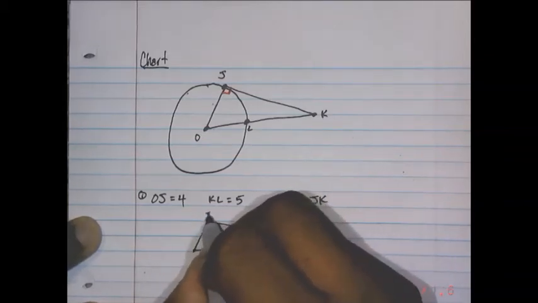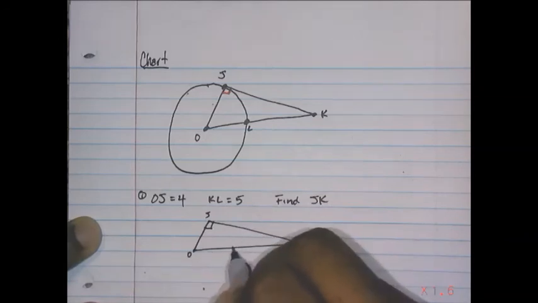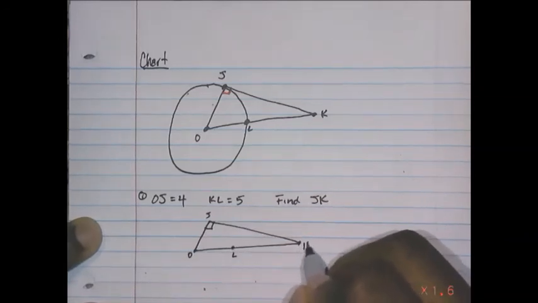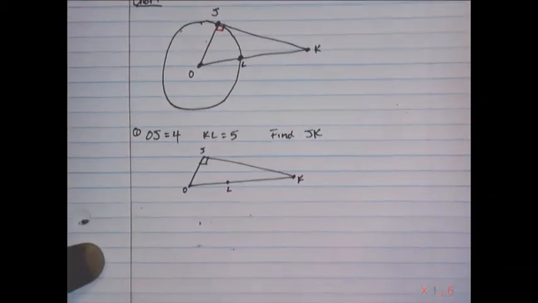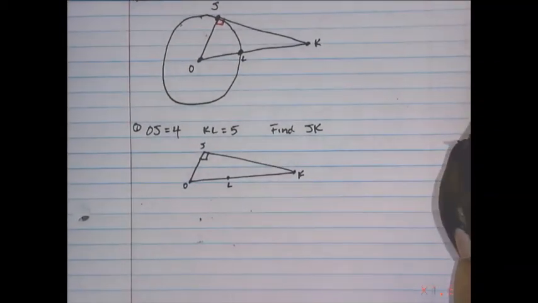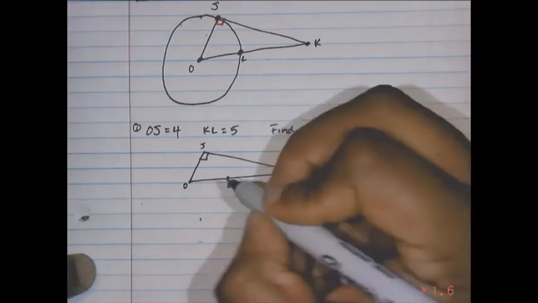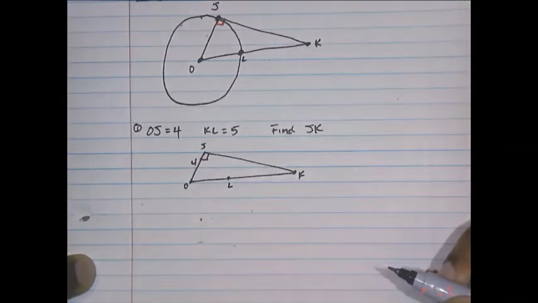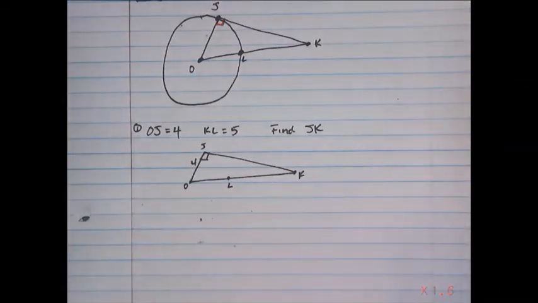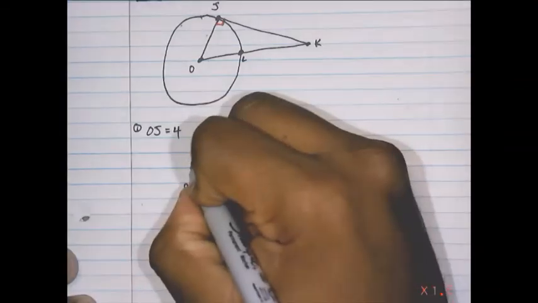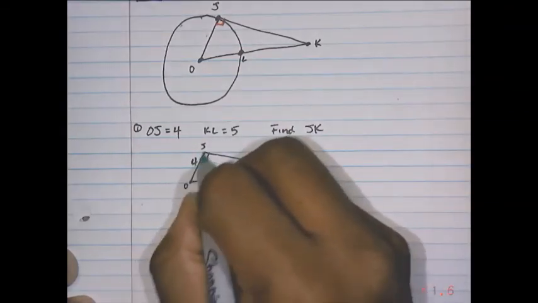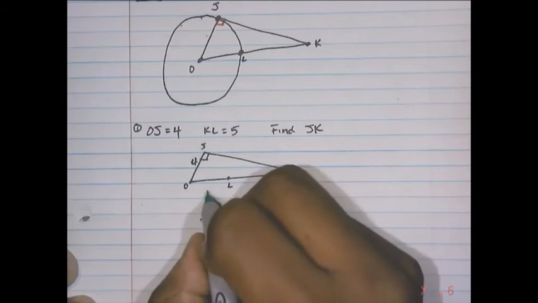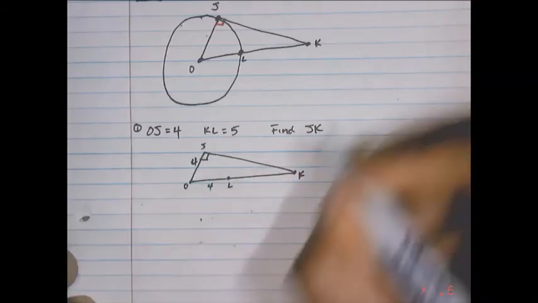This is J, this is O, this is point L, this is K. I didn't draw it in the circle. I just drew it as a triangle so we could separate it a little bit. Now watch this. OJ here is 4, and OL must be 4 because they are both radii.